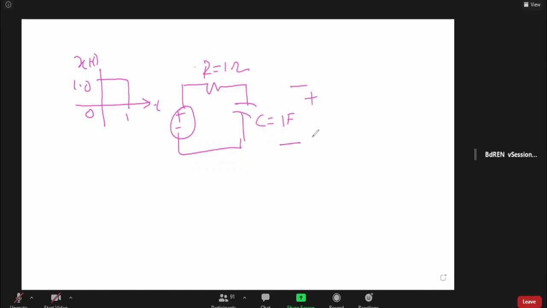You have to calculate the voltage across your capacitor as your output. This Vo is your output, and Vi is equal to x, the input.